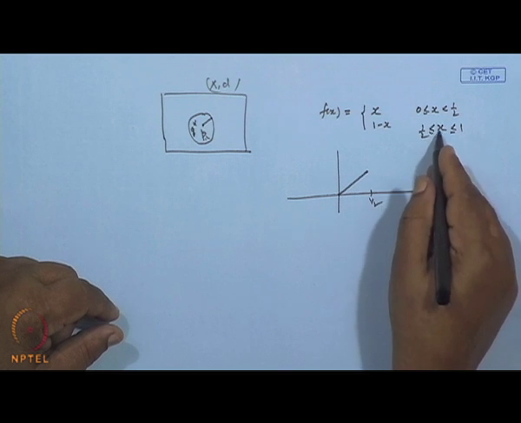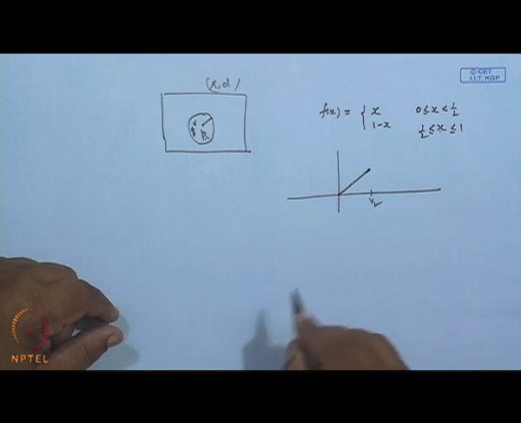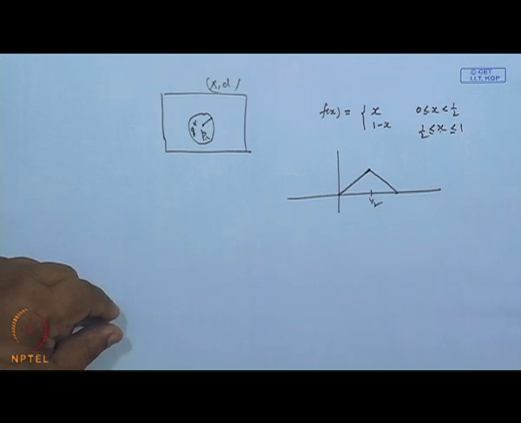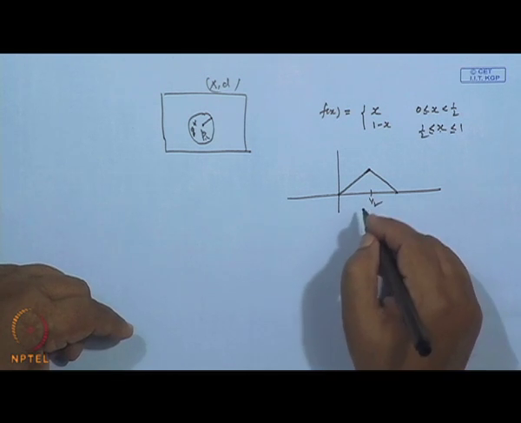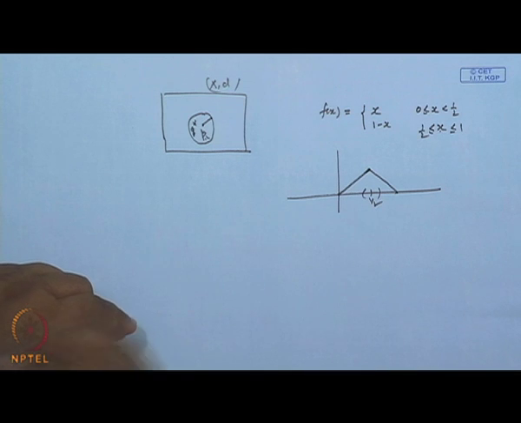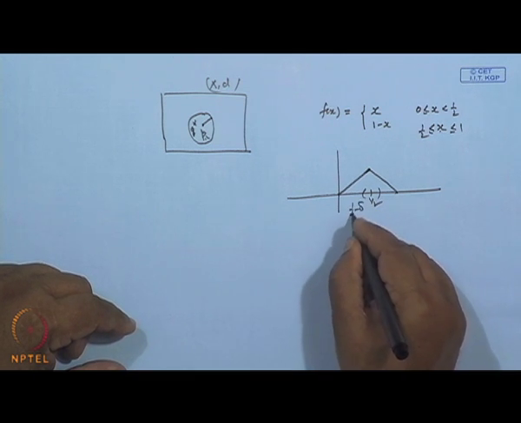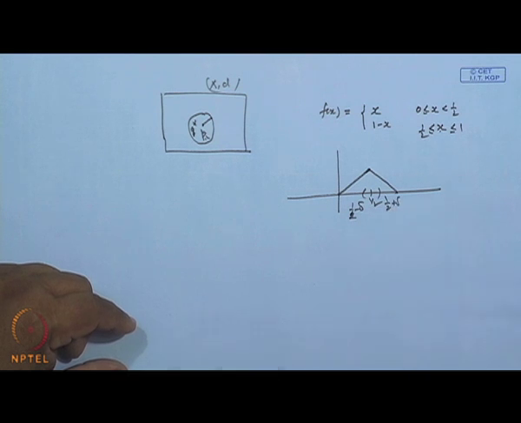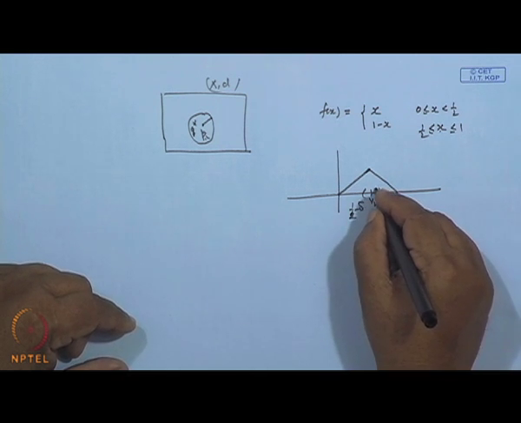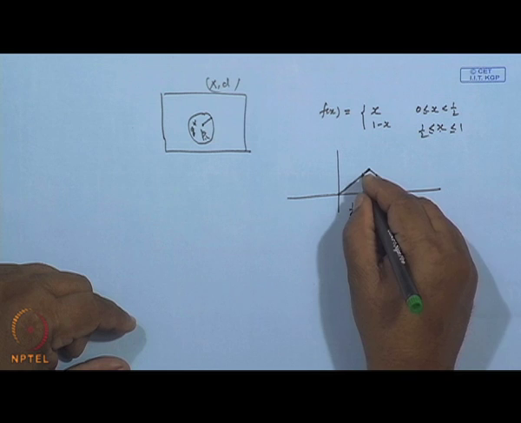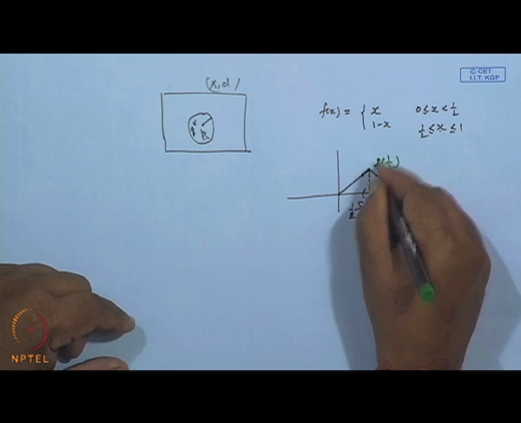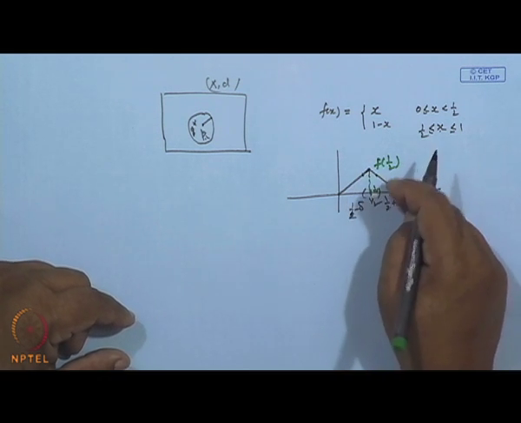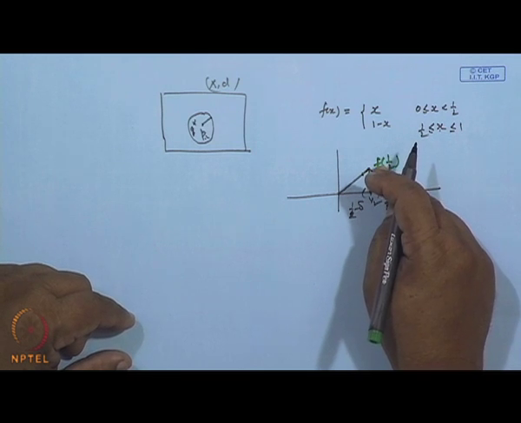At the point half, the function value is again half, so it attains the value here, and then at 1 it is again 0. Now, what is the character of the point half? If we take any neighborhood around this point with a positive delta, say half minus delta to half plus delta, then the value of any point in this neighborhood will be somewhere here or somewhere here, which is less than the value at the point half. This is the value of the function at the point half. So we say half is a point corresponding to a local maximum of this function f.